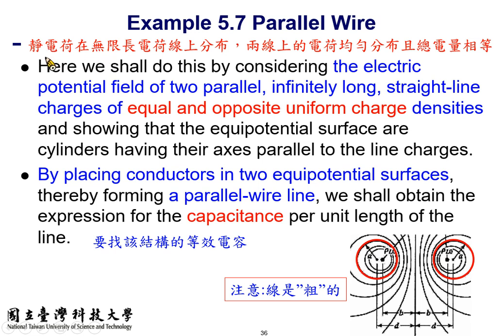Suppose we have electrical charge, static electrical charge, displayed on these 2 wires, and they are displayed on these 2 wires homogeneously. So they have the same amount of charge. Okay, so you have 2 wires. And you place positive charge over here and negative charge over here.